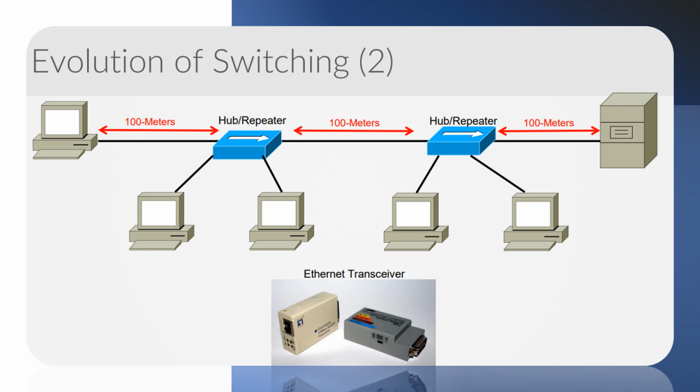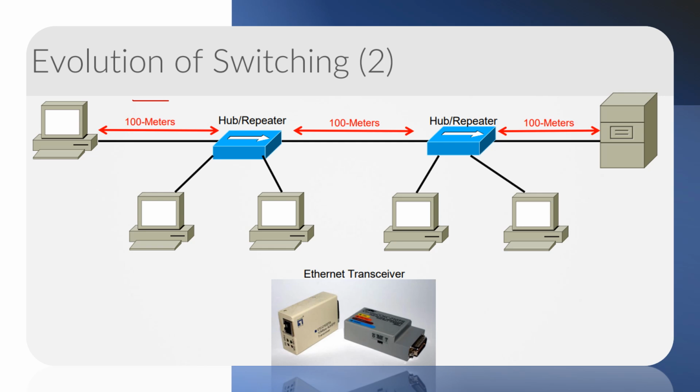Here you can see after 100 meters, there is a hub or repeater. It works as an amplifier. It reboosts the electrical signal and forwards it again for 100 meters.